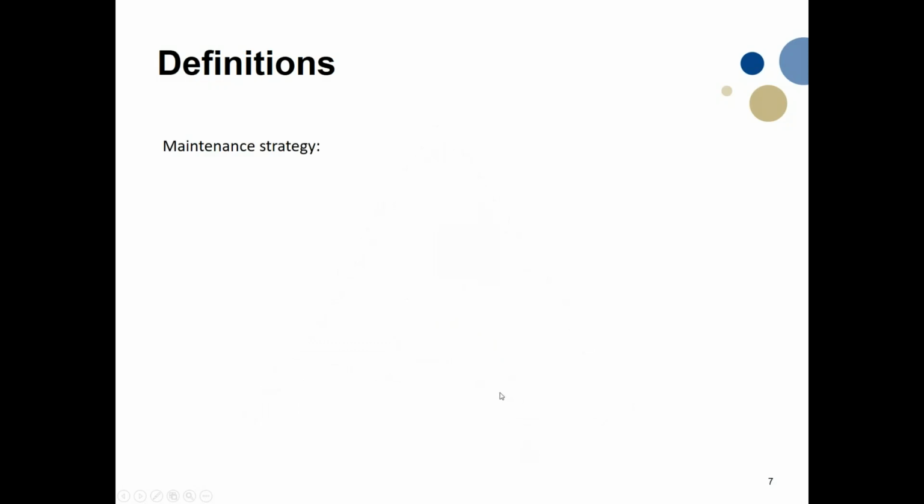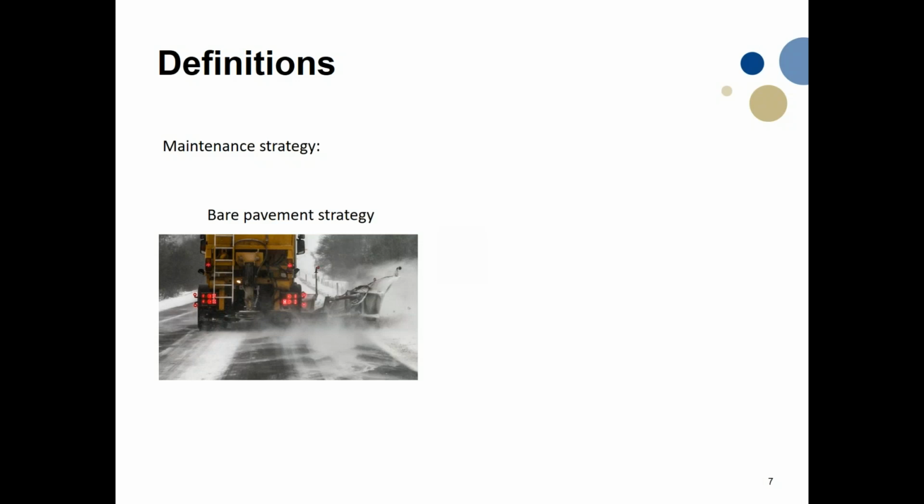So let's talk a little bit about some definitions. Any road or any agency has a certain maintenance strategy when you design a winter maintenance setup. And one of the main strategies is what we call in Norway a bare pavement strategy.